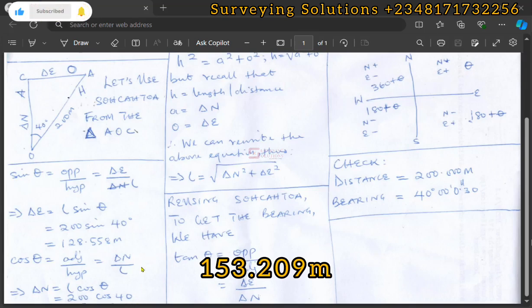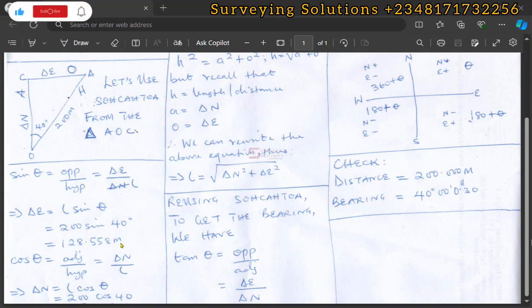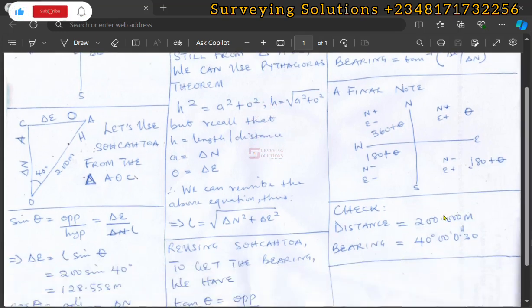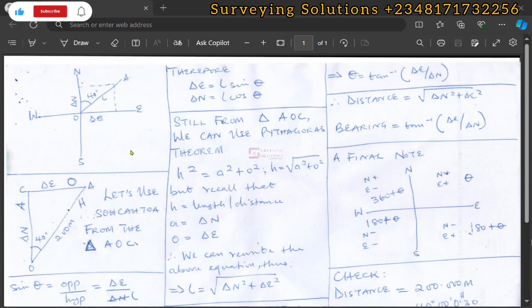So if we use 128.558 alongside 153.209, please confirm this on your calculator. Are we still going to get a distance of 200 meters and a bearing of 40 degrees, as our distance and bearing from where we came? Good. So that is the check.